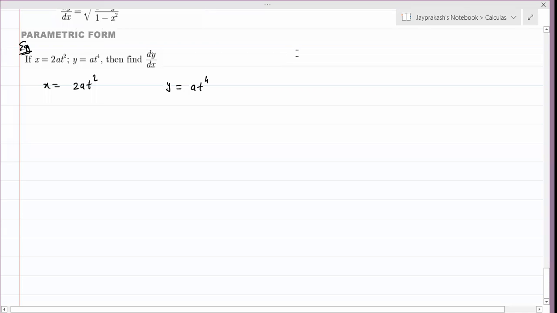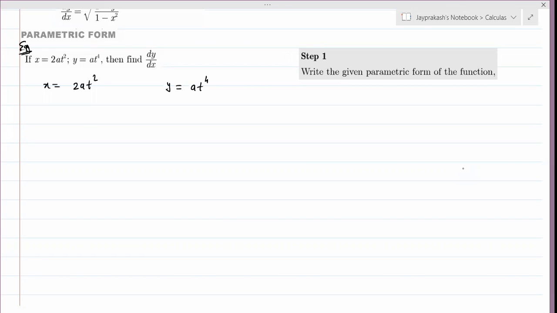So our first step is: write the given parametric form of the function. So here, if I talk about the parametric function, t is the parametric function. Then the next step, we have to differentiate the given function with respect to the parametric function.